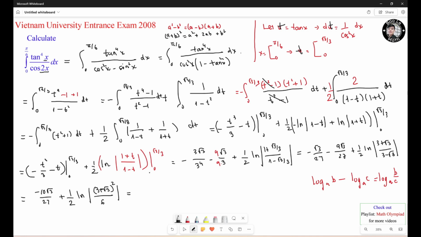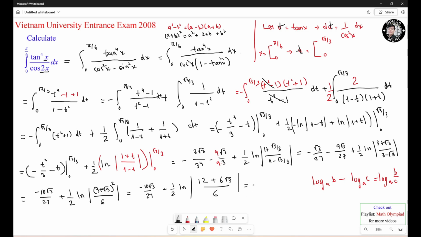Alright, so it can be negative 10 root 3 over 27 plus 1/2 natural log of 3 squared, it can be 9. Now root 3 squared, it can be 3. 3 plus 9, it can be 12. Now 2ab, it can be plus 6 root 3 over 6. Alright, now you divide the top and bottom by 6.